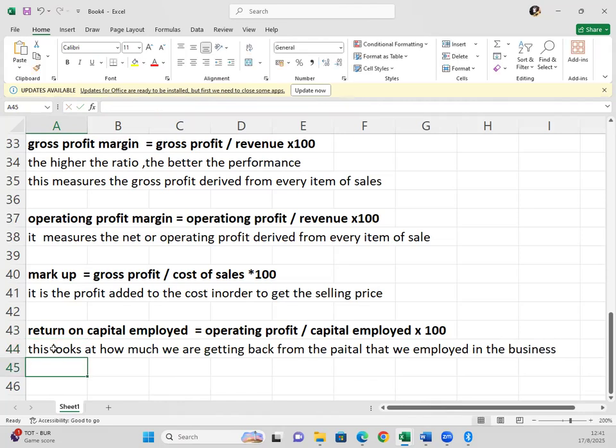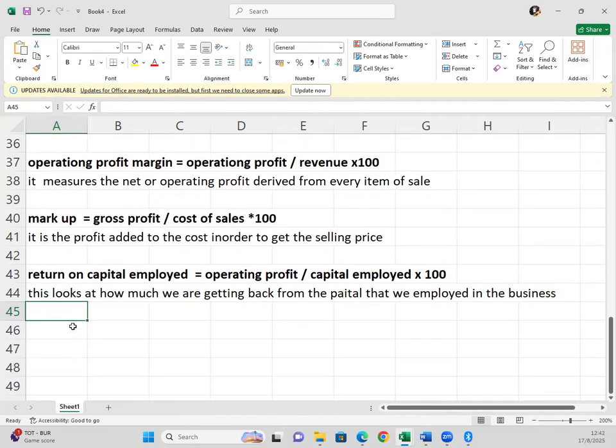From what we invested in the company, how much are we getting back? That's the return on capital employed. So these are part of the profitability ratios.